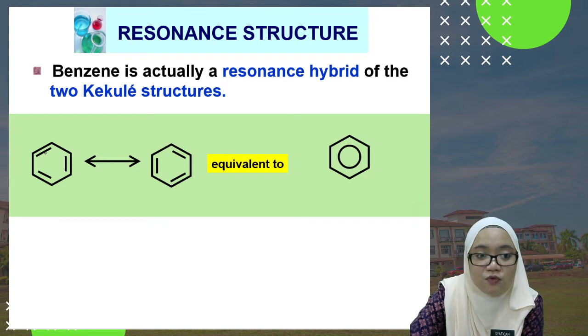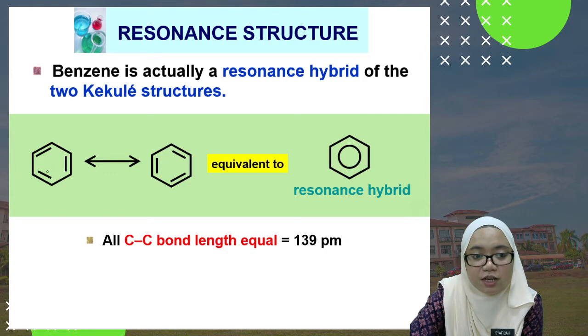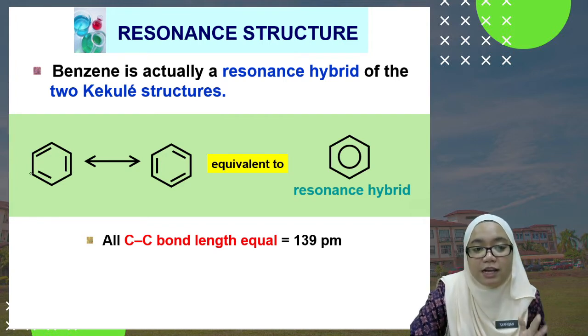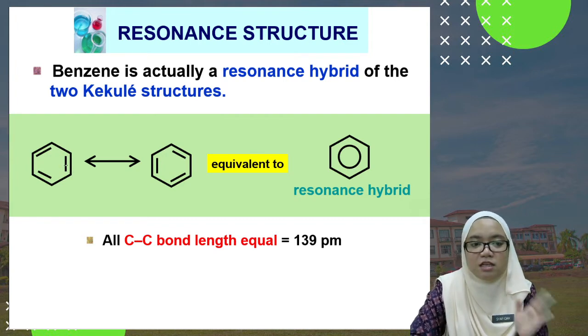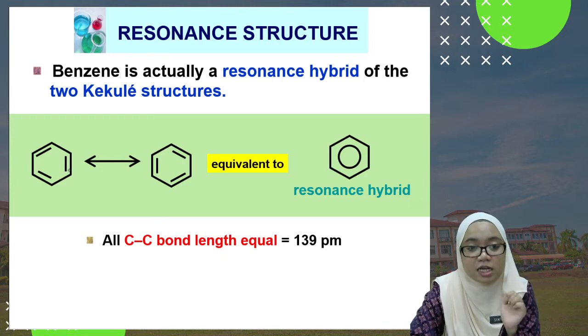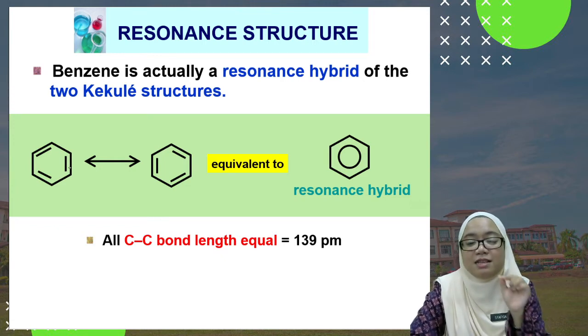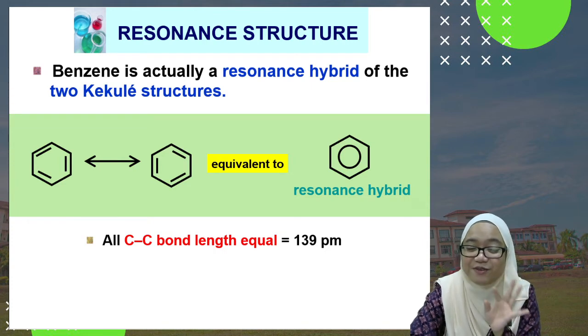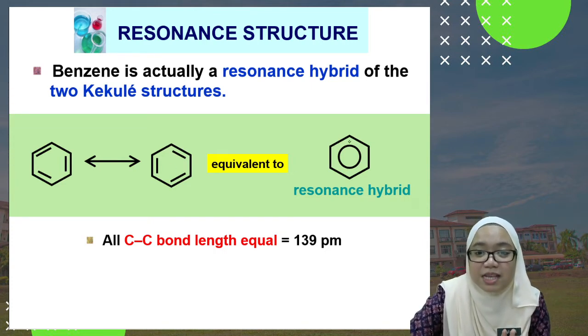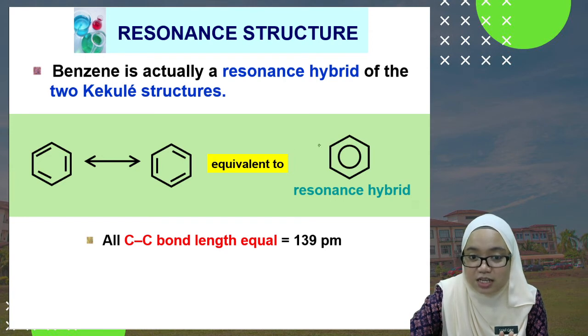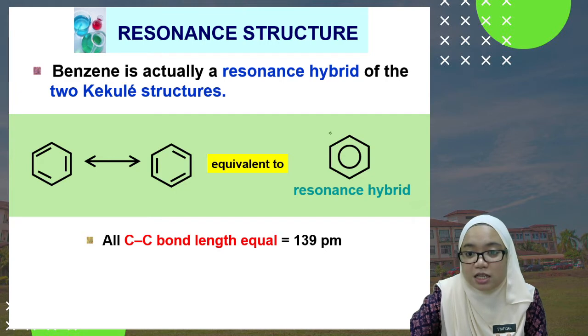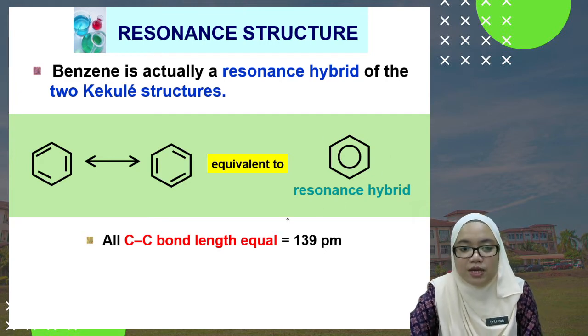The pi electrons inside the benzene ring are constantly moving, constantly delocalizing around the benzene ring. So this structure is equivalent to the resonance of the two Kekule structures. This is called a resonance hybrid.